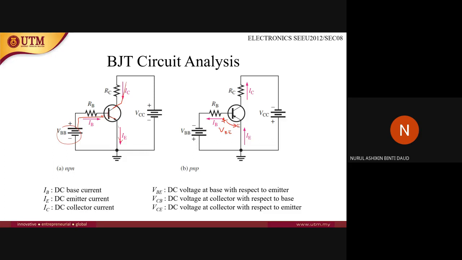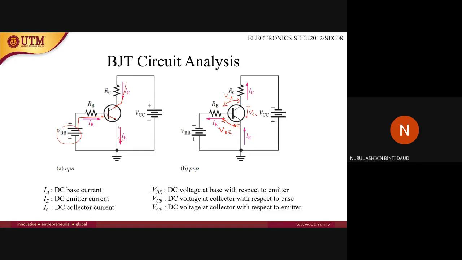Base and emitter. Okay, VCB here is the voltage at the collector with respect to the base. VBE is the voltage at the base with respect to the emitter. And VCE here is the voltage at the collector with respect to the emitter.